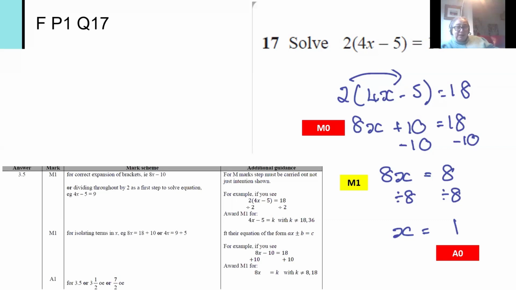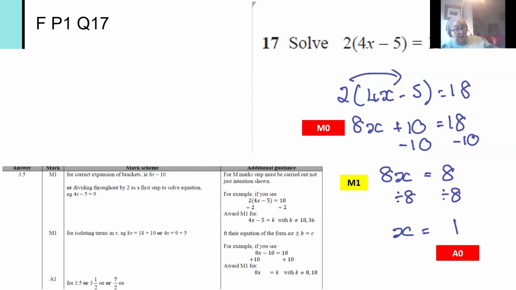And because it's an independent mark, following the error of expanding the bracket, they are allowed that, and then they correctly isolate the x by dividing by 8 on both sides.